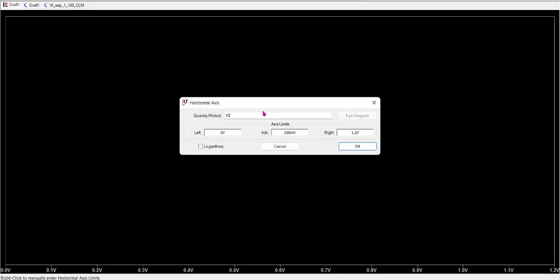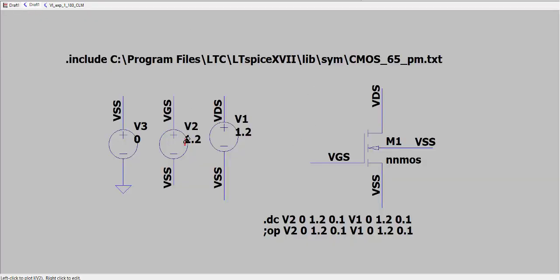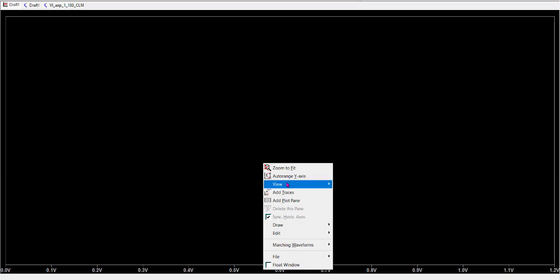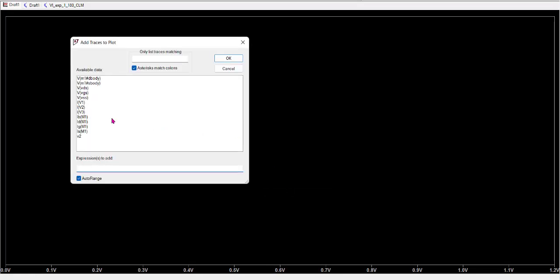Now the x-axis that you see here is VGS. It is V2, because V2 is VGS, as you can see here. So the x-axis is VGS, and now I will plot the drain current of M1.